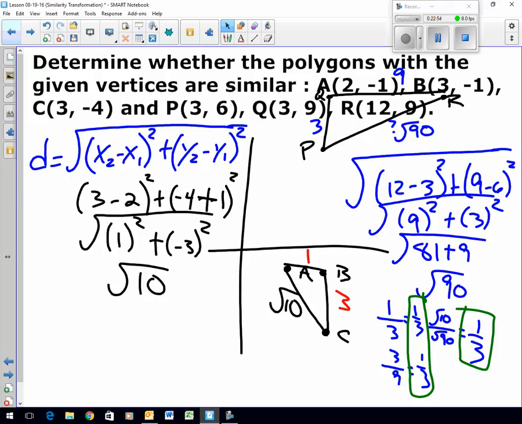Got me? So yes or no? Did I have proportion amongst the sides? Yes. If I have proportion amongst the sides, I've got similar figures. Okay? Yes. This is a similarity transformation. Okay? It's about as hard of a question as I can ask. But that's good. All right.